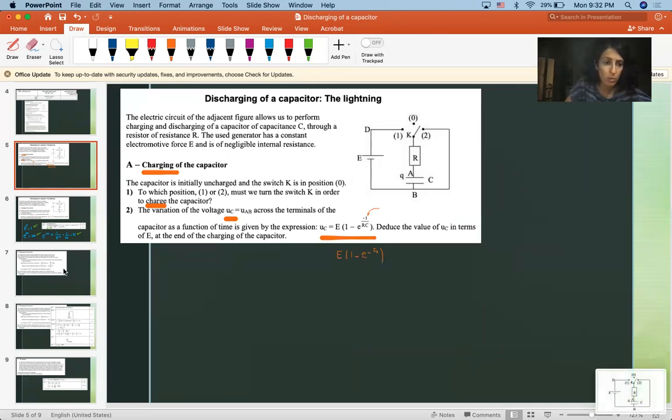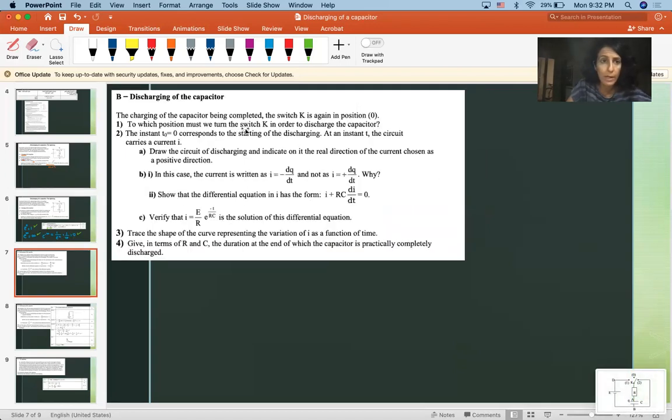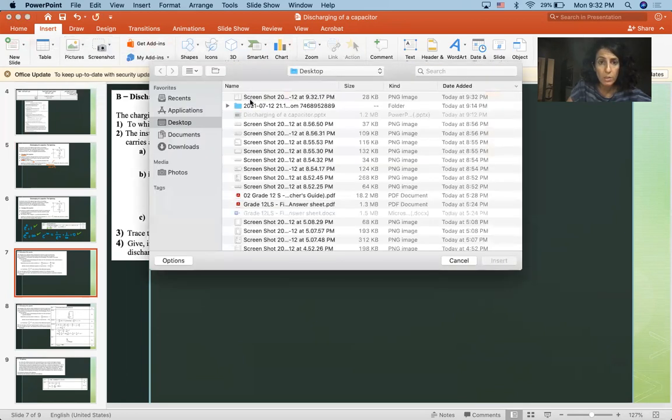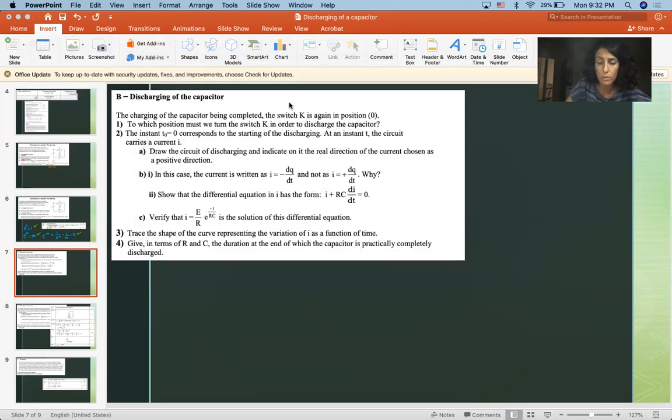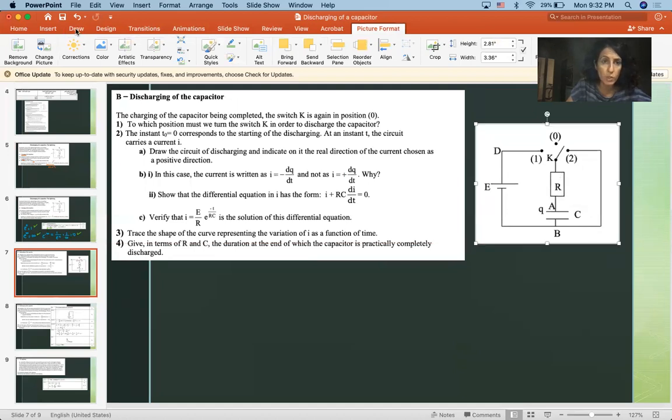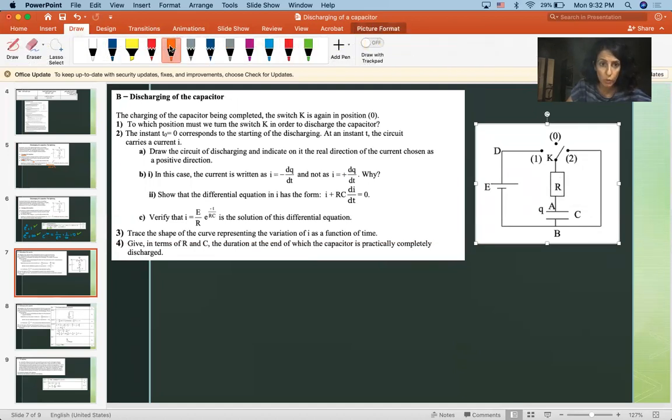I'm on this slide, and I'm going to insert the last screenshot we did. So which position? Obviously position 2 for the discharge. And then they say at time 0, the starting of the discharging, draw the circuit of discharging and indicate on it the direction of the current.